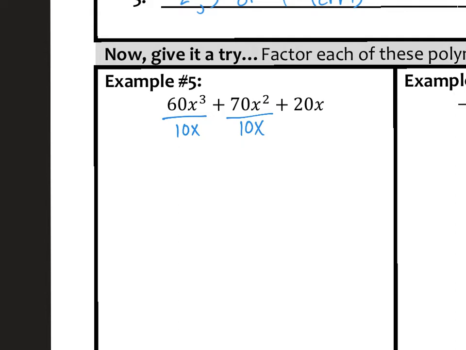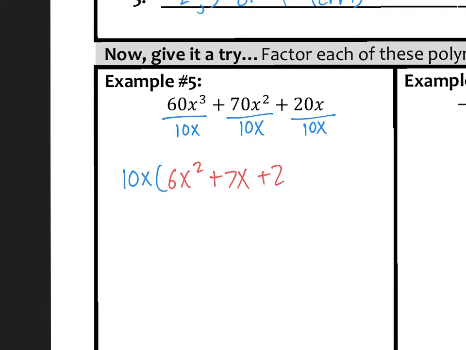So my first step is dividing each of those by our common factor of 10x. 60x cubed divided by 10x is 6x squared. 70x squared divided by 10x is 7x. And then 20x divided by 10x is 2.